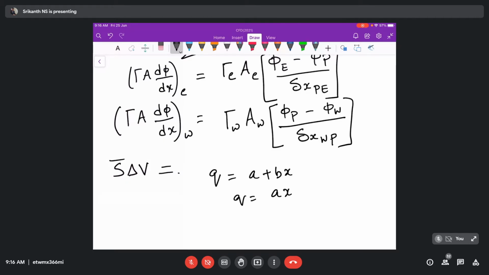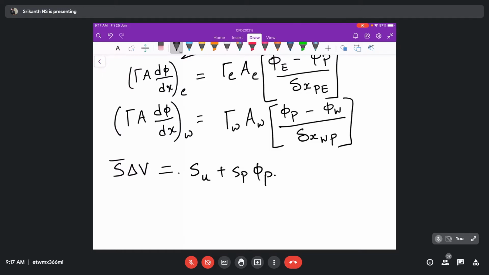And internal heat generation is a volumetric property, so it depends on the volume. Similarly here, since it's a source term, it will be a function of something. Since we are generalizing it here, we can write it in a general form: SU plus SP into phi P.